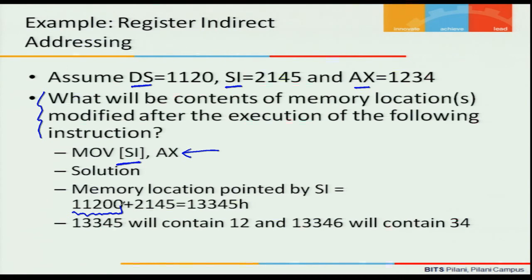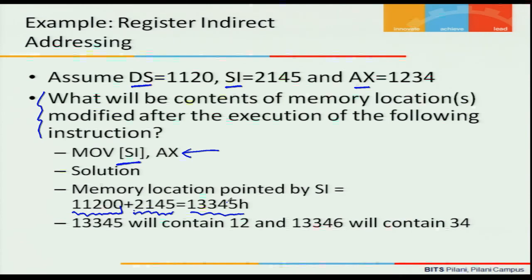So from a 16-bit value get a 20-bit value. That is the starting location of the data segment. To that starting location add the offset, which is nothing but the contents of SI. SI is right now 2145, so add that to the DS value, and this is the memory location at which the contents of AX will be moved.